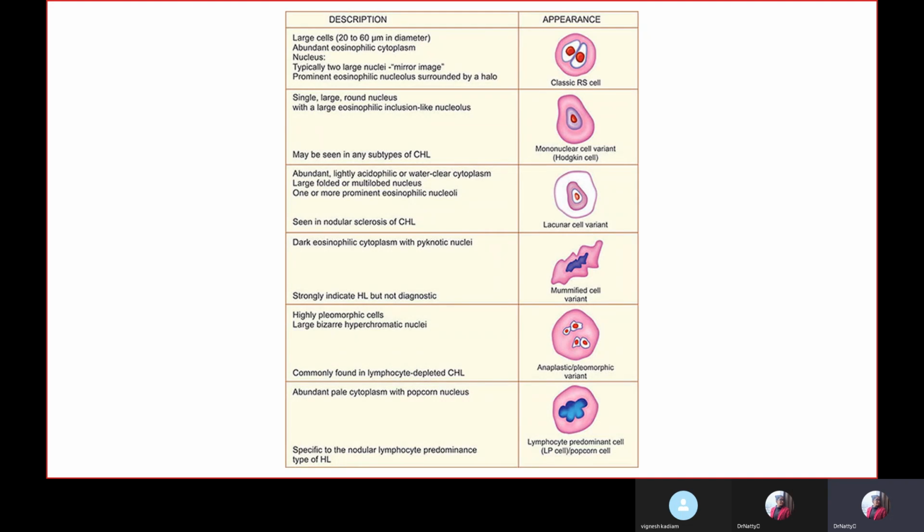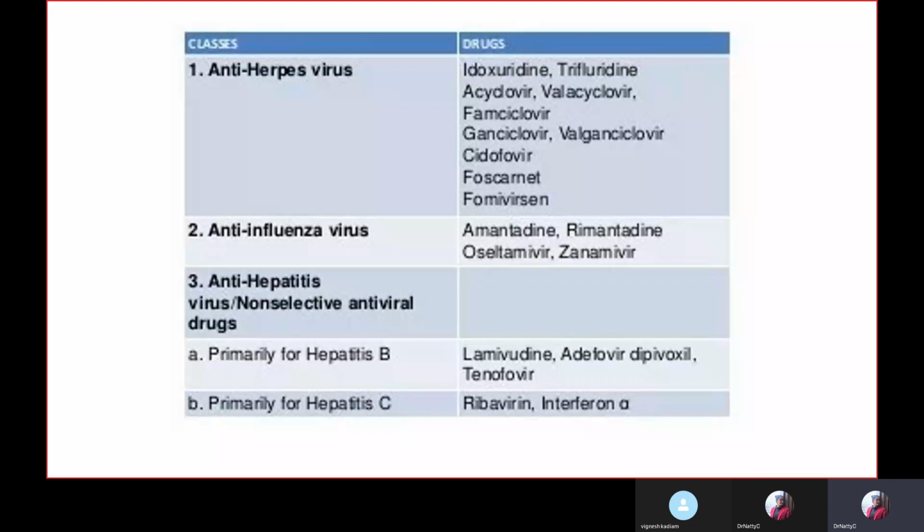So instead of a classical owl's eye appearance, there are multiple lymphocytes which coalesce and form a popcorn cell. So just remember, popcorn cell and RS cell are present in Hodgkin's lymphoma. To be specific, the classical RS cell is an owl's eye appearance. A variant of RS cell, which is a popcorn cell, is found in the nodular lymphocyte predominant type of Hodgkin's lymphoma. These are the things which you should mainly read from lymphoma.